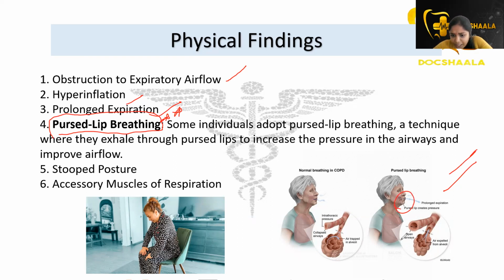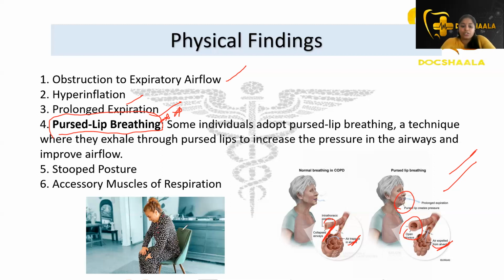So during expiration, what normally happens is that intrathoracic pressure decreases in the collapsed airways. But in pursed lip breathing, open airways are seen and air is expelled. Air is trapped in alveoli, but here air is expelled from alveoli. Some individuals use a technique where they exhale through pursed lips to increase the pressure in the airways and improve the airflow.